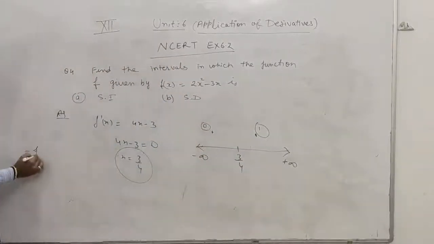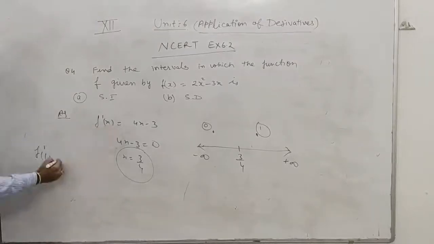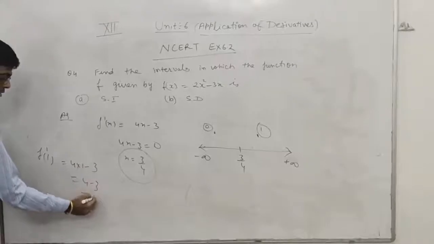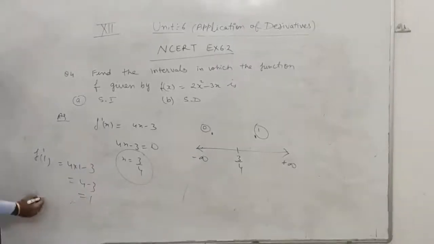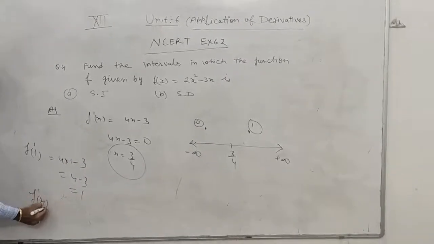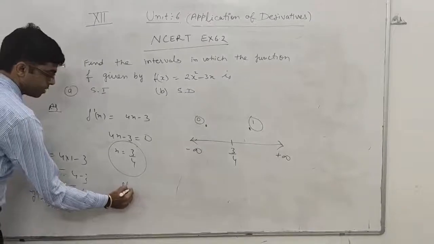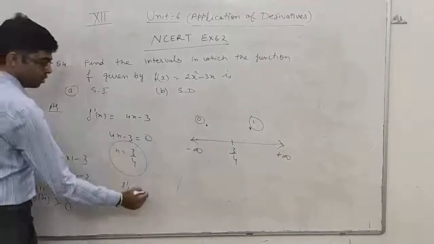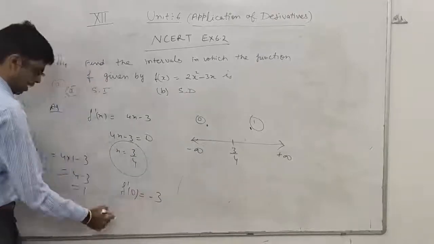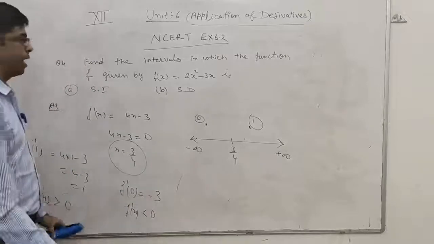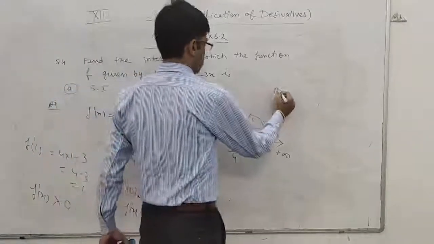So f dash 1 is 4 into 1 minus 3, that is 1. It is positive. Similarly f dash 0 is 4 into 0 minus 3, which is negative. So finally, the answer is this.